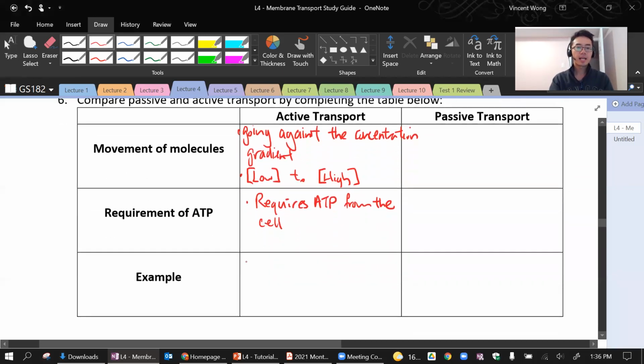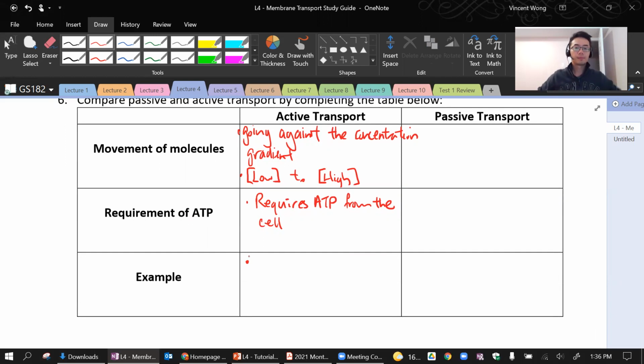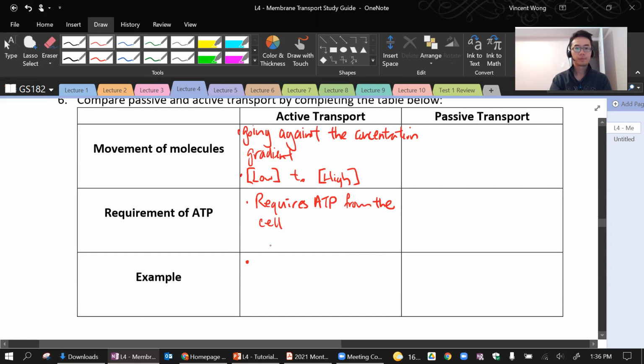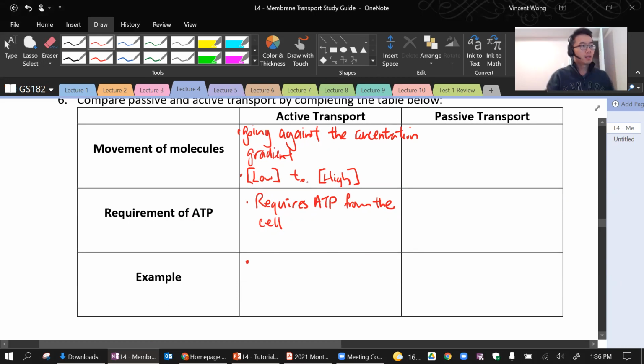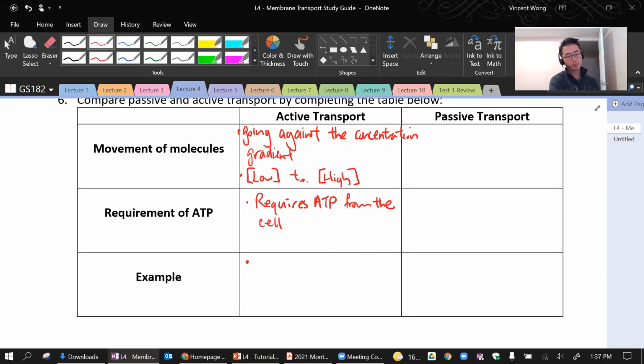Can someone give me some examples of active transport, please? Anyone at all? No examples of active transport?